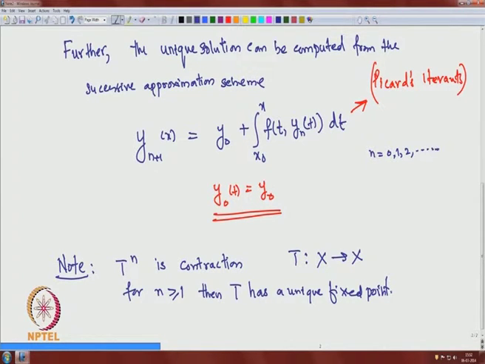So, this is known as the generalized Banach contraction principle. We will be using this generalized Banach contraction principle to establish the proof of existence and uniqueness of solution of the initial value problem.